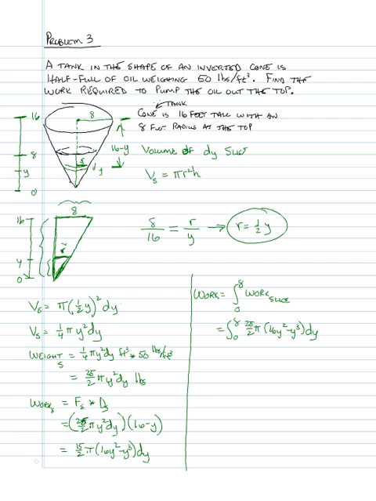Now, I'm convinced that you could probably go from here. Let's factor out that 25 over 2 pi, and let's think about integrating the 16y squared minus y cubed, and we would get, what, 16 over 3 y cubed minus 1/4 y to the 4th, and we're evaluating that from 0 to 8.